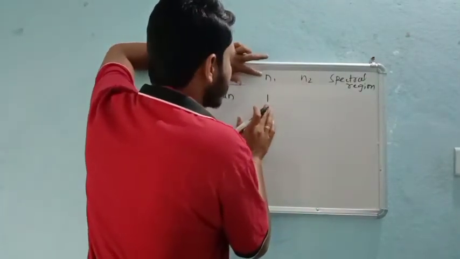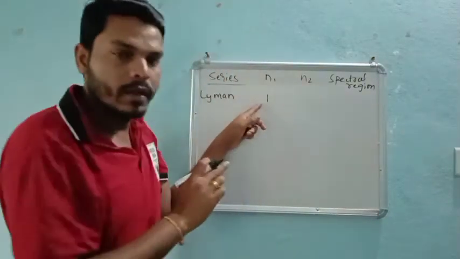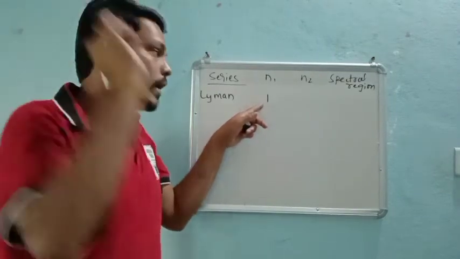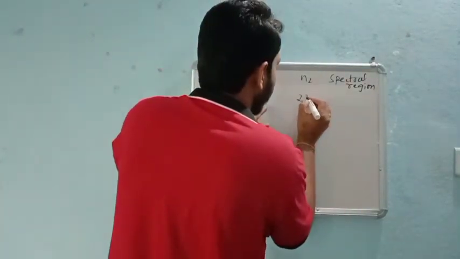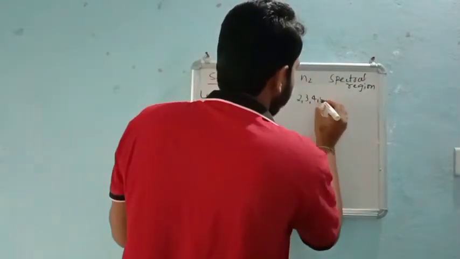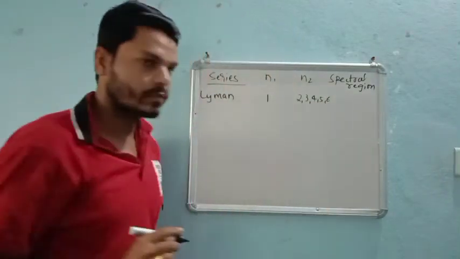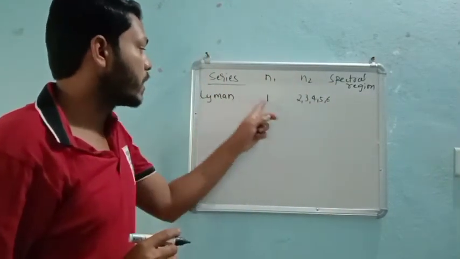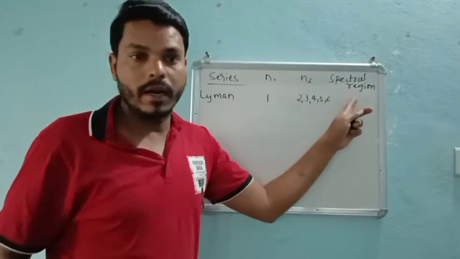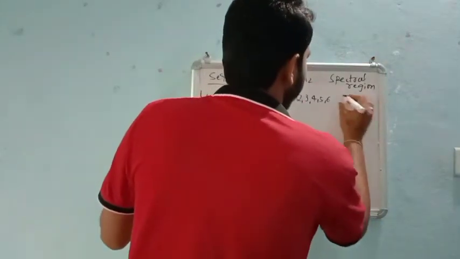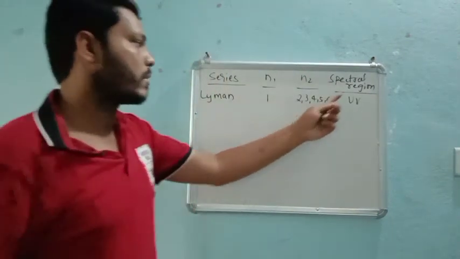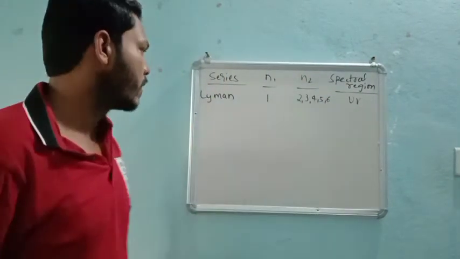The electron of hydrogen has the lower energy state of 1, but it will jump from 1 to 2, 3, 4, 5 and 6. That means the higher energy levels are 2, 3, 4, 5, and 6. But the lower energy of the hydrogen electron is 1. Already we saw, right? And the spectral region is ultraviolet, UV, you can say.